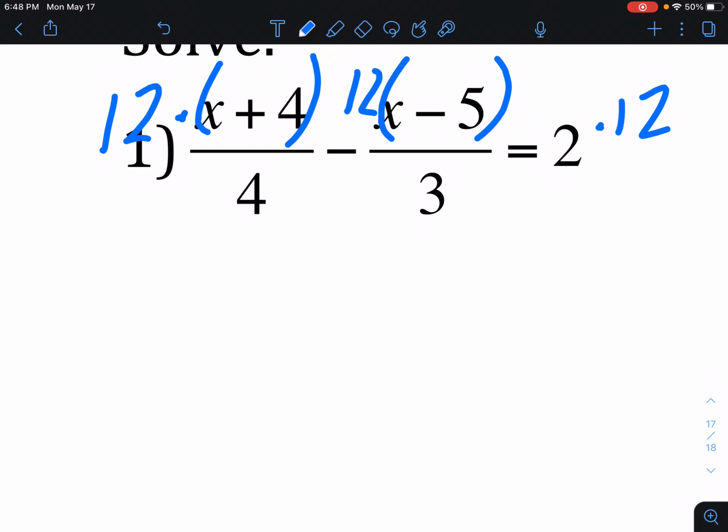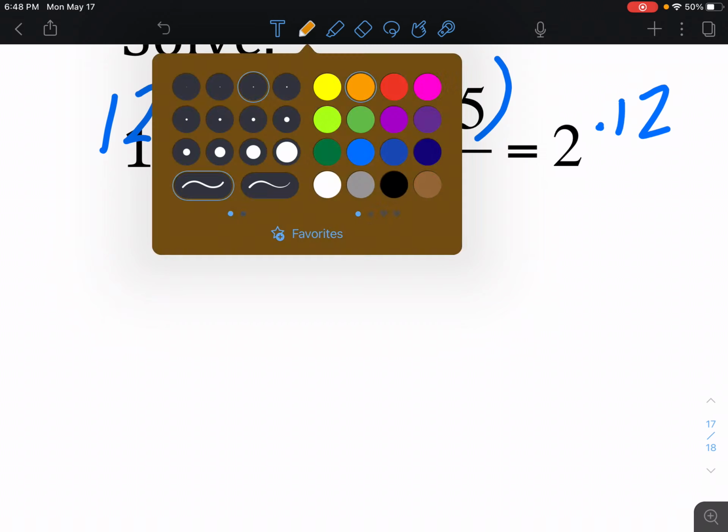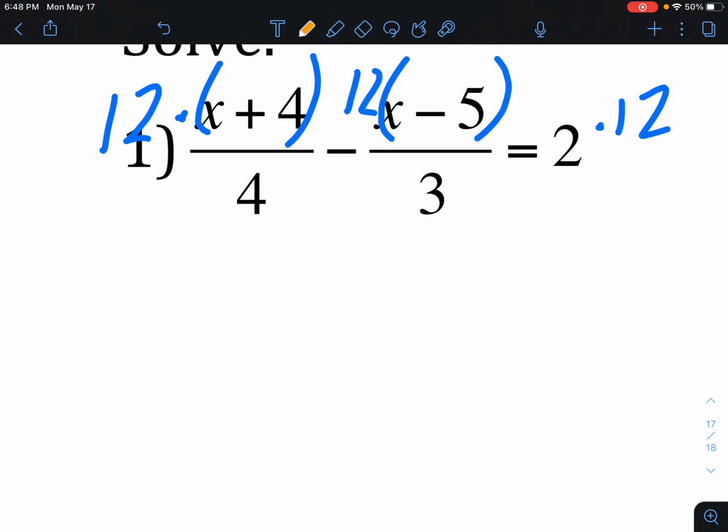Now, before you multiply and distribute, you want to do some division here to clear out the fractions. You actually want to divide. 12 divided by 4 is 3, so we're going to distribute the 3 here to have 3x plus 12. The second fraction, 12 divided by 3, is 4.